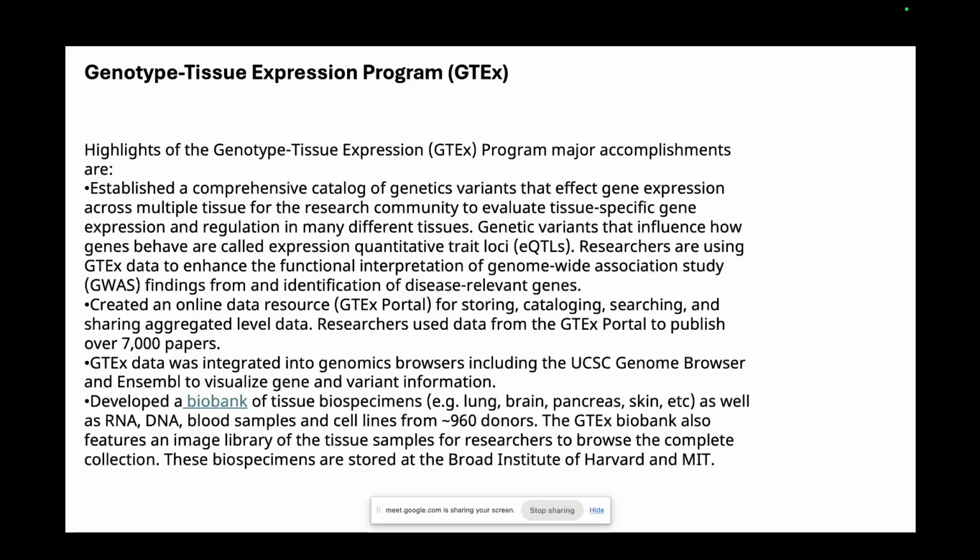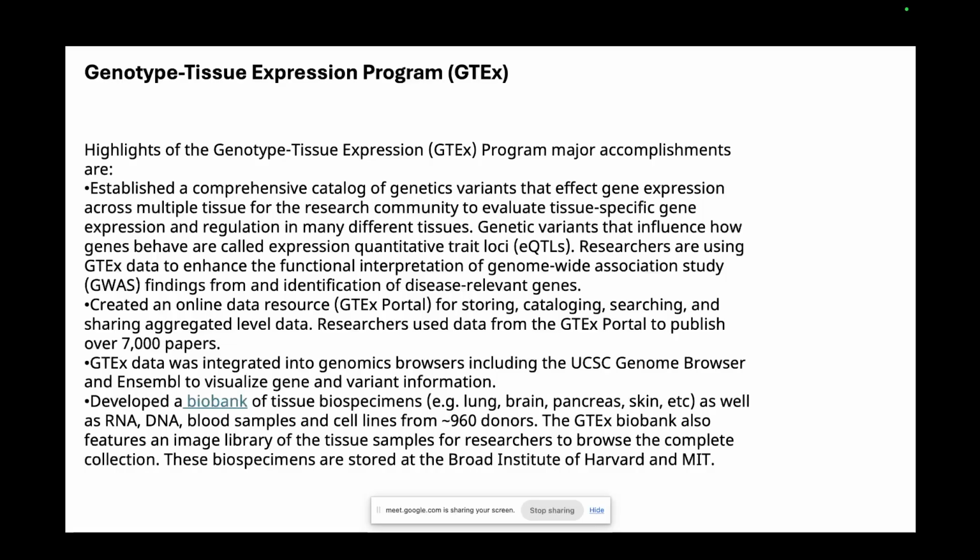The GTEx Biobank also features an image library of tissue samples for researchers to browse the complete collection, and these are stored at the Broad Institute of Harvard and MIT, the same institute that came up with the GATK pipeline that we were discussing a couple of lectures earlier, right?